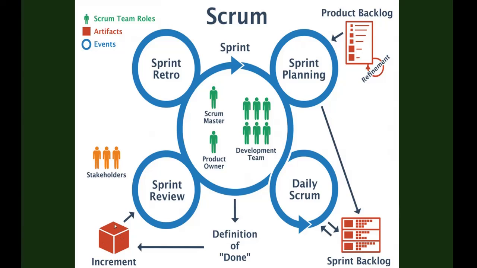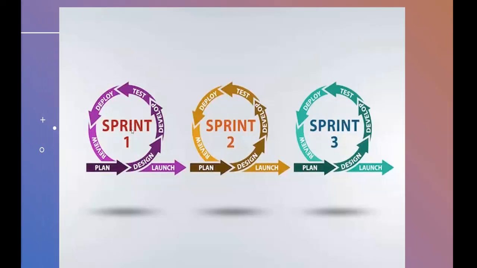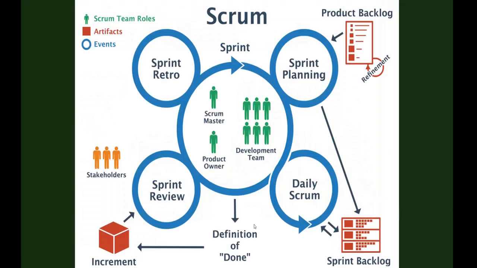The deliverable is called an increment. Increment means that every sprint they develop some small chunk of the product. One chunk, two chunks, three chunks, and at the end they will build the whole thing. That's why it is called an increment. Then they do the sprint retrospective, and later the refinement here.